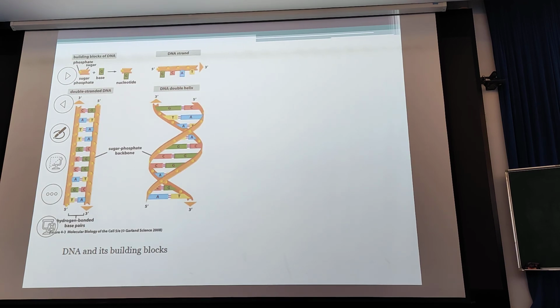So here is the DNA and its building blocks. We have a double strand of DNA, with G and C complementary by 3 hydrogen bonds.